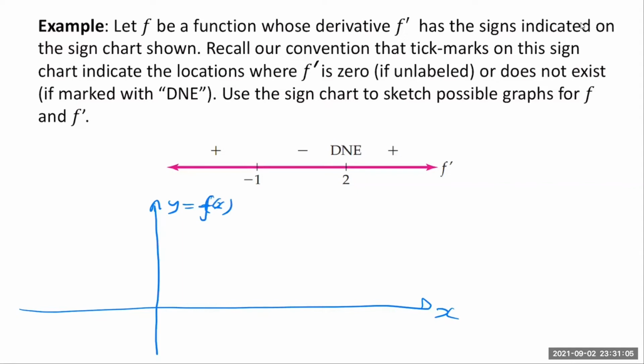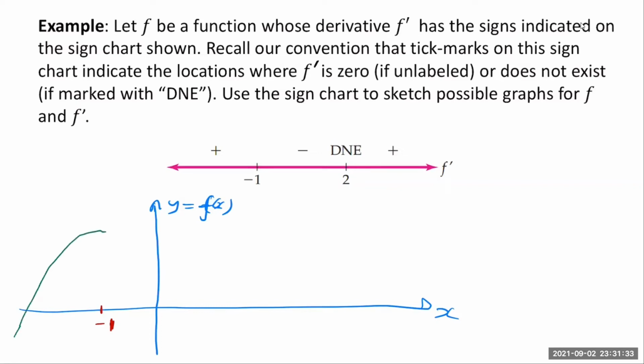I know that in this entire interval, my derivative is positive. Derivative is positive means my function is increasing, right? We know that. So this is -1. From negative infinity to -1, derivative is positive. That means you should have a shape like this.